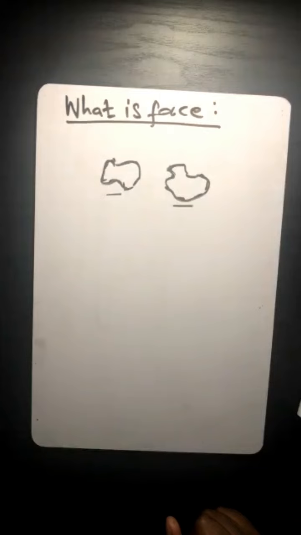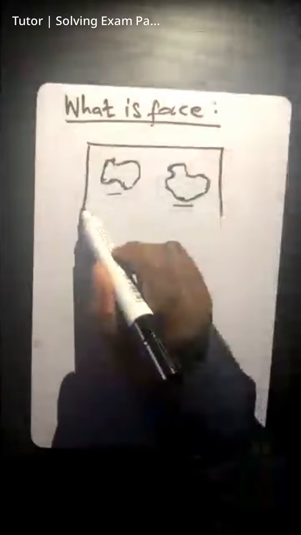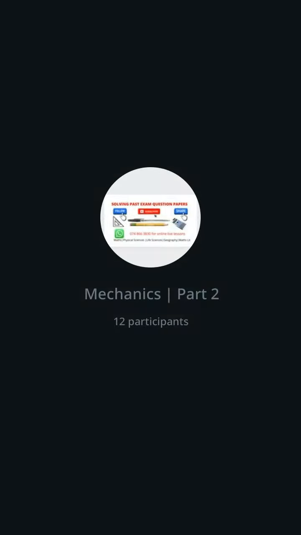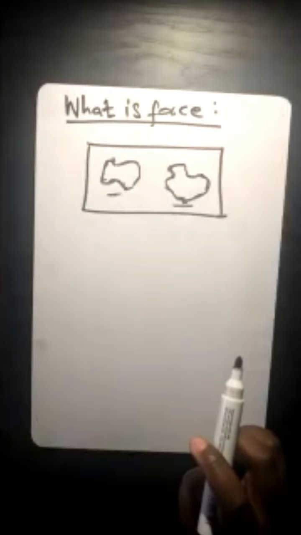So what I want you guys to understand is that when objects interact with each other, they exert forces on each other. So we can just make an assumption that because two objects exist even though they are not in contact, for now, let's just make an assumption that they do interact with each other.